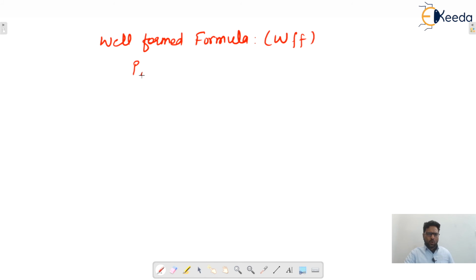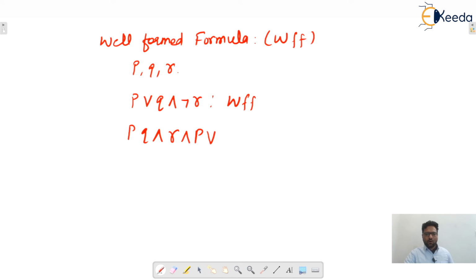Let P, Q, R be three propositional variables. So we can say P or Q and negation R. This one is a well-formed formula. But if it is written like PQ, then and, then R, and with P and then or with R, here no connective is there.